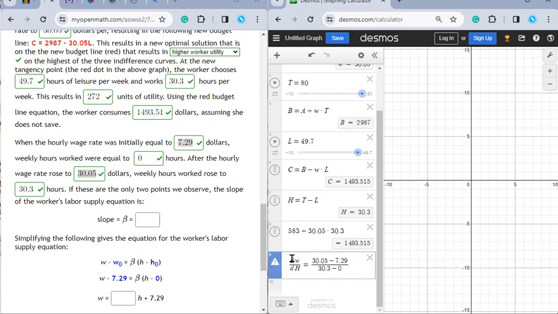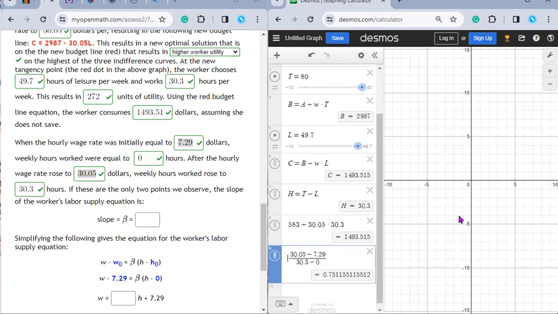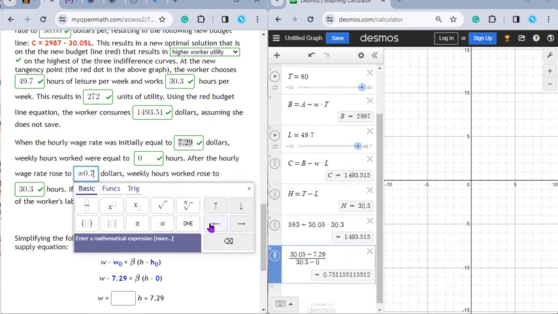And the slope is the rise over the run, right? The rise is the change in wage over the change in hours worked. So in order to find out what this equals, I'm going to delete the left-hand side. And my slope is 0.75.